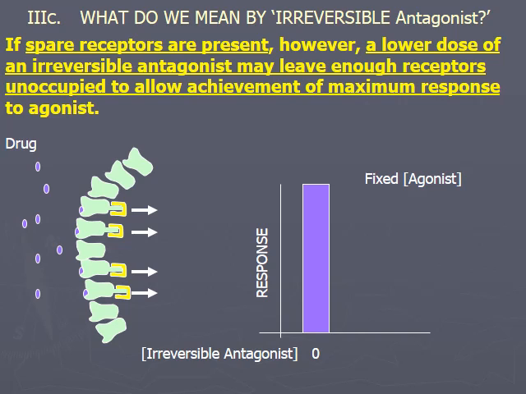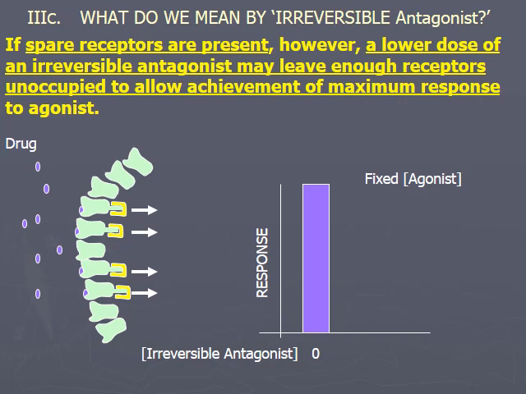So I tried to conceptualize that in this picture. Here's a situation where we've got a concentration of agonist, and I'm not really sure what it is, but it's a concentration well below the Emax concentration. Concentration versus binding: usually we see a little bit of drug, a little bit of binding, a little bit more drug, a little bit more binding, and eventually we get a Bmax, where all the receptors are bound.